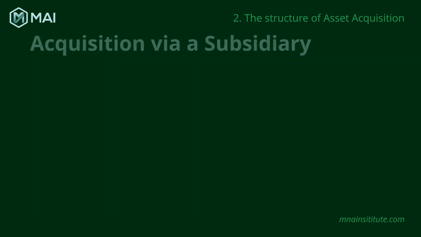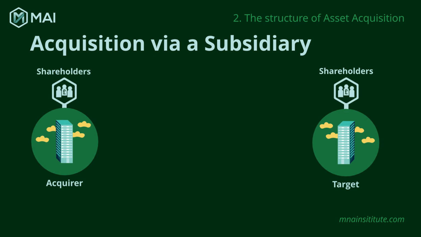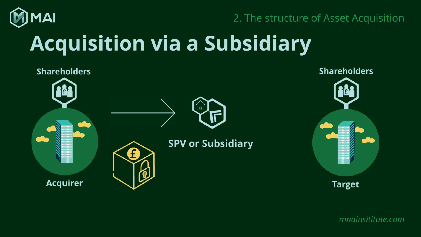Another way is to use a subsidiary or a special purpose vehicle, also known as an SPV. The buyer places the acquired business in a subsidiary or its SPV. SPVs protect the parent company from potentially severe financial risks that stem from highly leveraged or speculative investments, including acquisitions. There are several reasons for establishing an SPV.